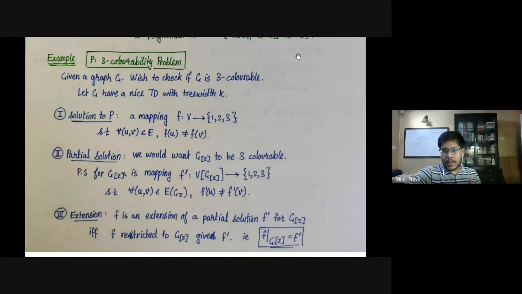Basically this was the entire graph, and now you have a smaller subgraph, and there is an f' coloring happening on the smaller subgraph. There is an f coloring happening on the bigger graph, the actual graph. Then when I restrict this big f to this smaller graph, I should get back the function f'. That is the aim.